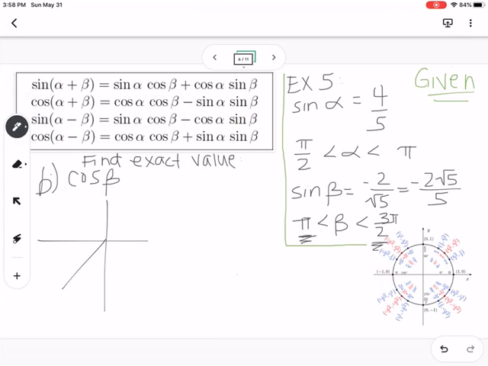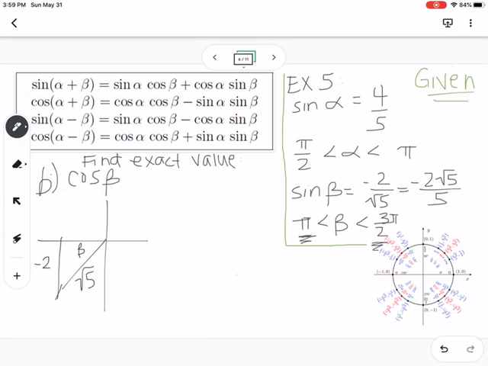So it doesn't matter what the angle is. I'm going to make my little reference triangle. There's my beta. I know that the sine of it is negative 2 over radical 5, and I know the sine of beta is opposite, negative 2, over hypotenuse, and it's negative because it's a negative y value, okay?